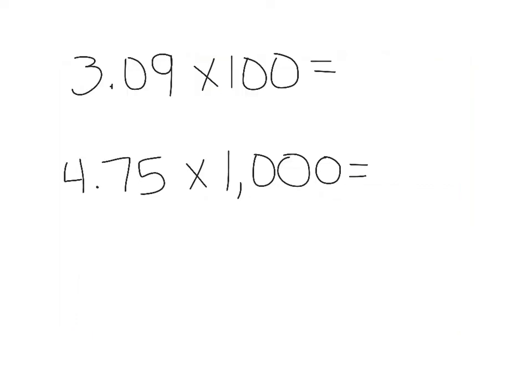We're going to take a look now at some examples of multiplying decimals by 100 and 1000. So for our first example, we have 3 and 9 hundredths, and we're going to multiply that by 100. So when we multiply by 100, we're going to move each digit 2 places to the left. So our 3 moves from the ones place to the hundreds place.